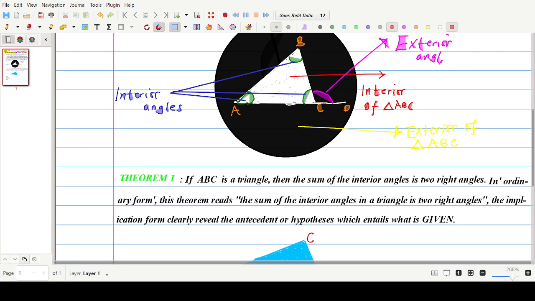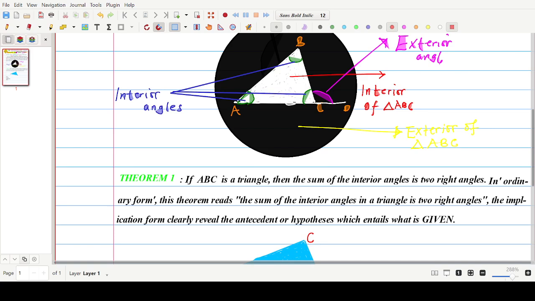So in this case, the hypothesis is if ABC is a triangle. And in effect, what is given to us in this theorem is that ABC is a triangle. That is what is given to us, right? Then the conclusion here is that, I said, then the sum of the interior angles is two right angles. That is the conclusion, or you call it the consequence.